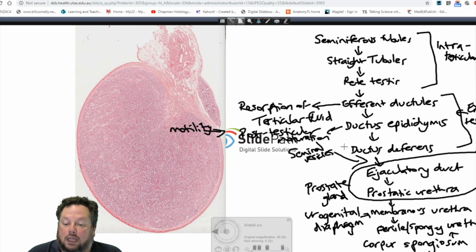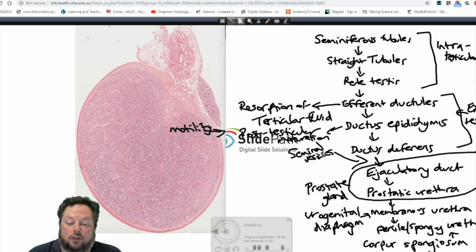They're stored within the ductus deferens. And then during ejaculation, we get sympathetic contraction of the muscle wall of the ductus deferens, even part of the tail of the ductus epididymis. During the emission phase of ejaculation, it moves the sperm into the ejaculatory duct.